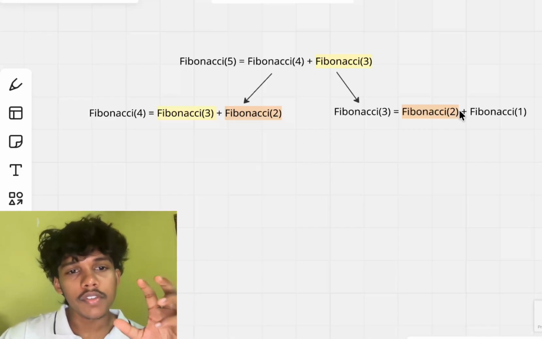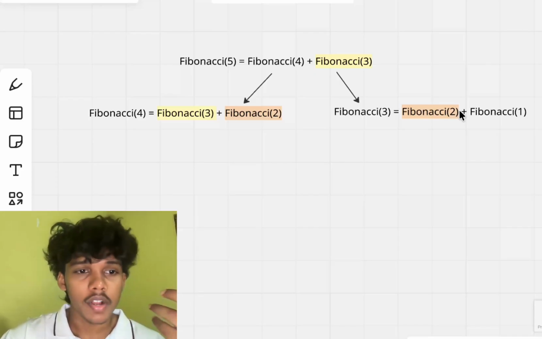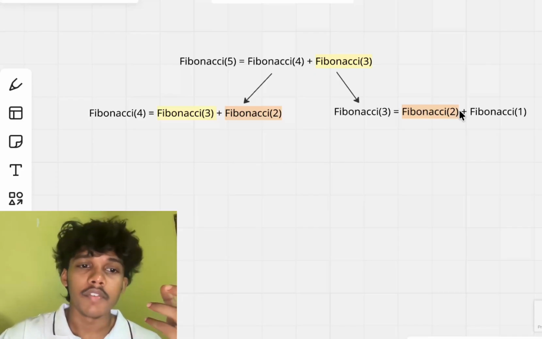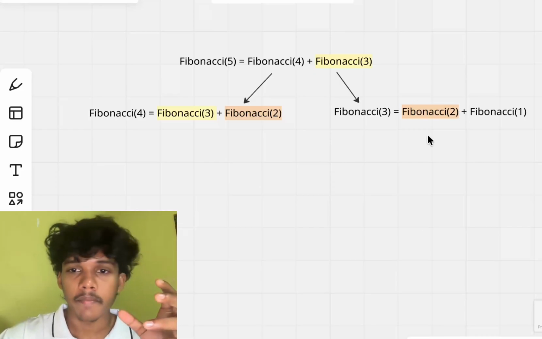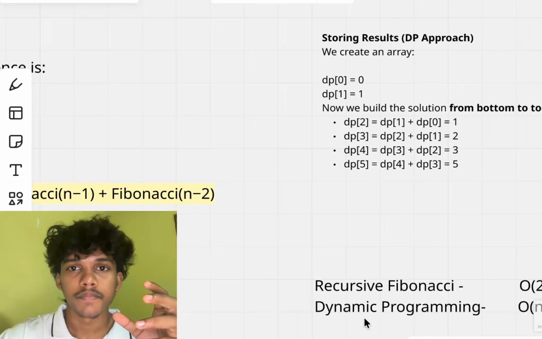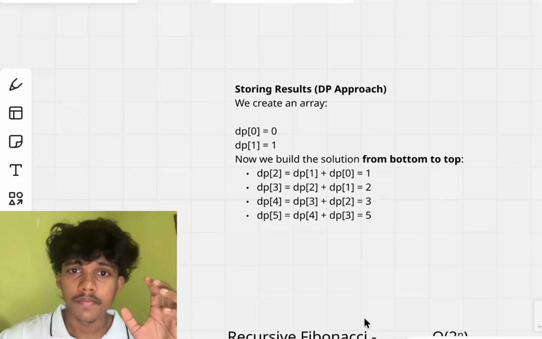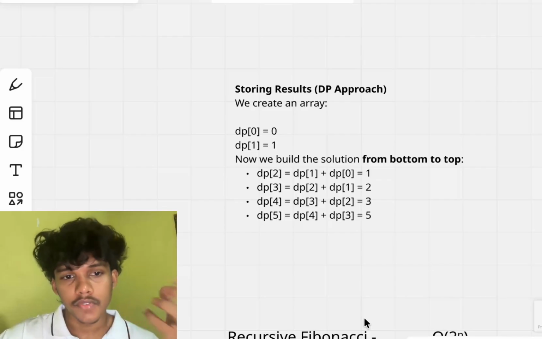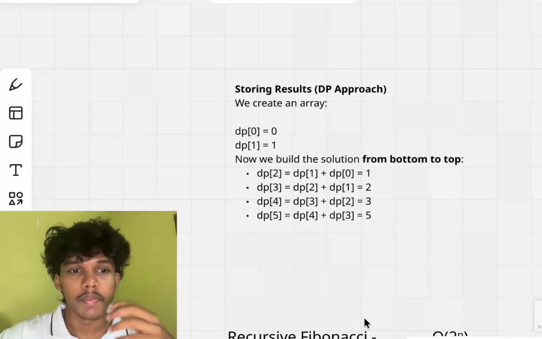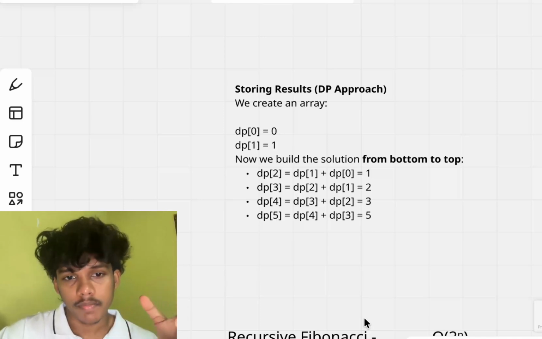The solution is to calculate each Fibonacci number only once, store the result and reuse it whenever needed. In practice, we do this by using an array. So here we first create an array, then we store dp0 as 0 and dp1 as 1, and then build the solution from the bottom up.